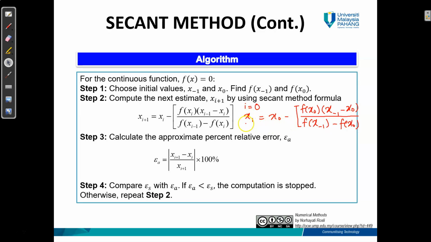This means that to compute x1, we need the information of x naught and also x minus 1, and we need to compute their function values. That's why, in your first iteration, you need two initial values, which are x minus 1 and x naught.